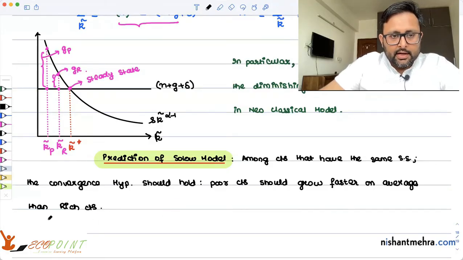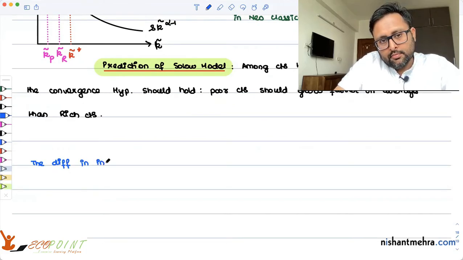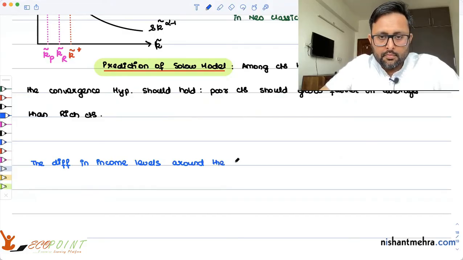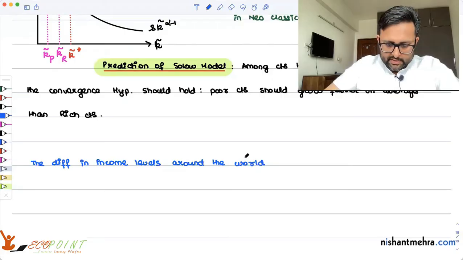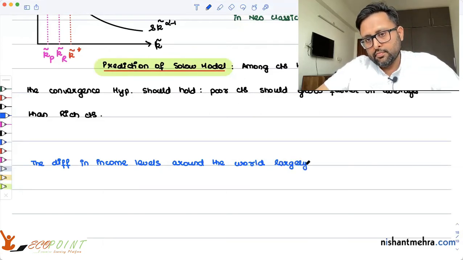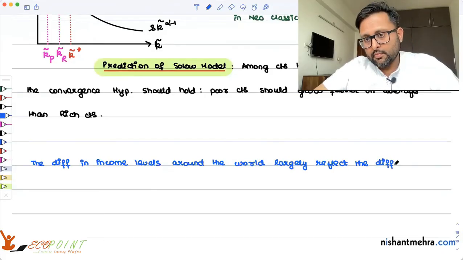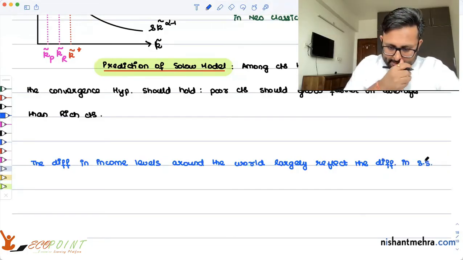The differences in income levels around the world largely reflect the differences in steady states.